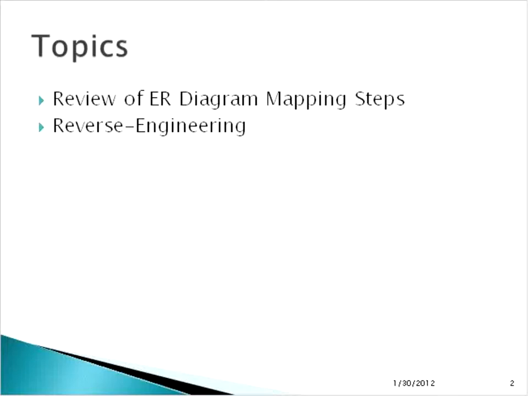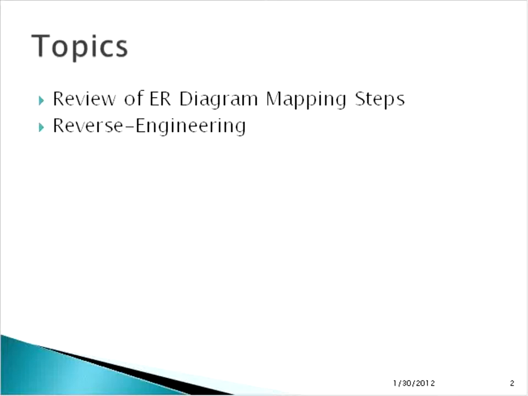So what's the basic idea of this chapter? Well, so far this semester we have been learning how to create ER and EER diagrams. We've been learning how to conceptualize the real-world data in the form of ER diagrams, and then from ER diagrams we have been learning how to map the ER diagram to the relational database. Now, in this chapter, we are going to be learning how to do just the reverse.